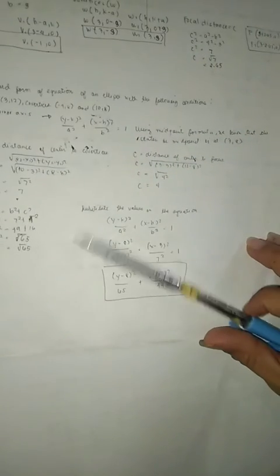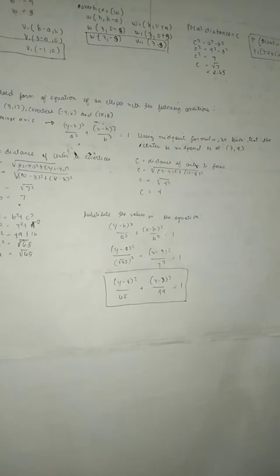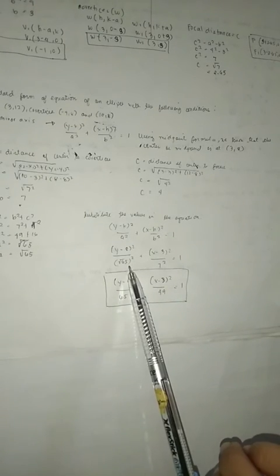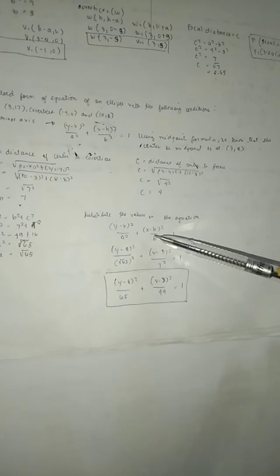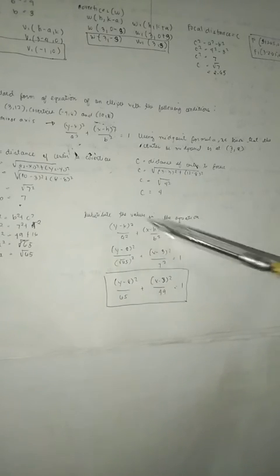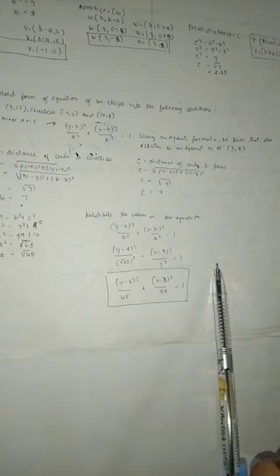You have to substitute the coordinates of the center and b and a. So y minus k is 8, over a squared, which is 65, okay, x minus h, which is 3, alright, over b squared, 7 squared, is equal to 1.